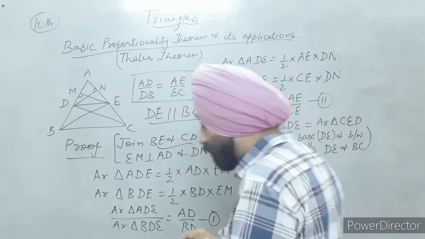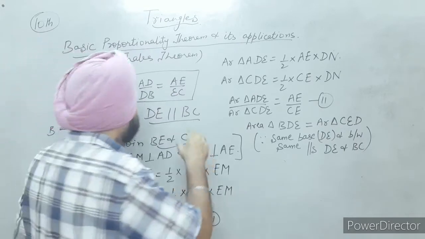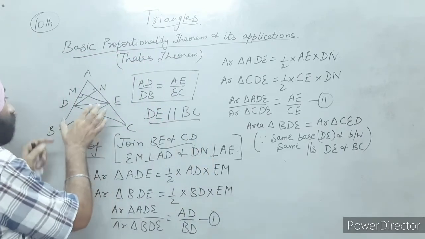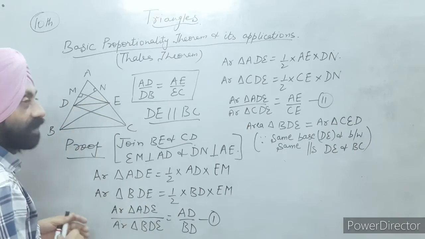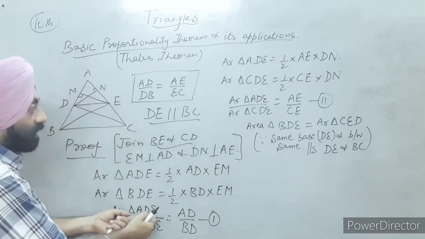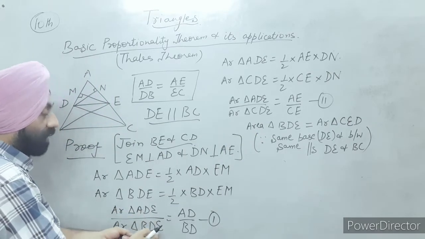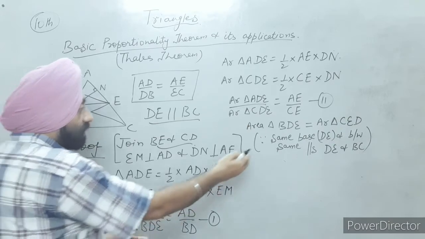This is the reason. This was the theorem which we have already studied in 9th standard, that is, triangles which are between the same parallels and on the same base are equal in area. Now if these two areas are equal, in place of area triangle BDE I can write area triangle CDE.